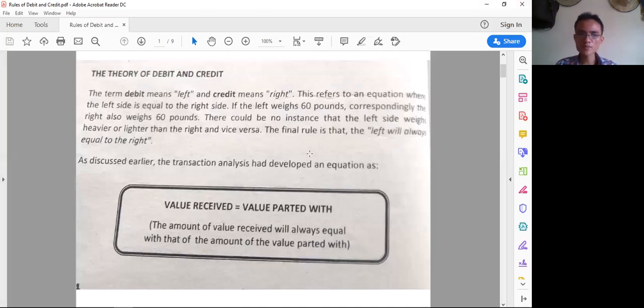So debit basically means left, and credit means right.